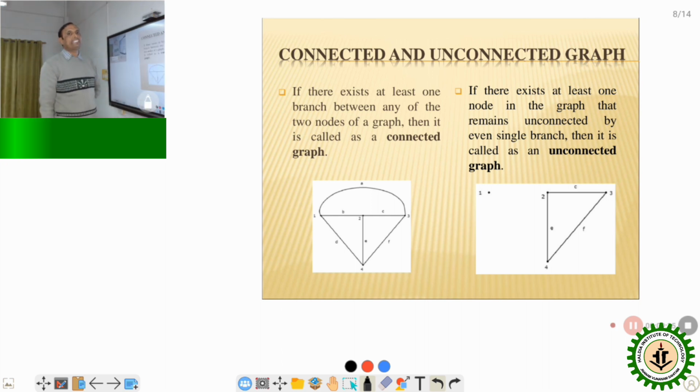It is not connected with any branch. That's why this graph is called an unconnected graph. If any node remains isolated inside a graph, then it is an unconnected graph, and if all the nodes are connected with a branch, it is a connected graph.